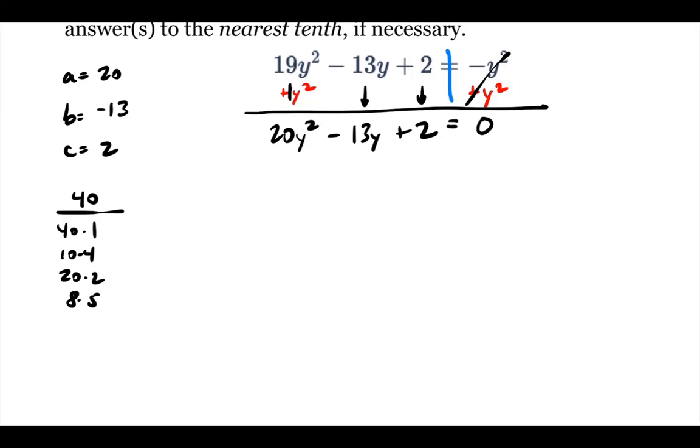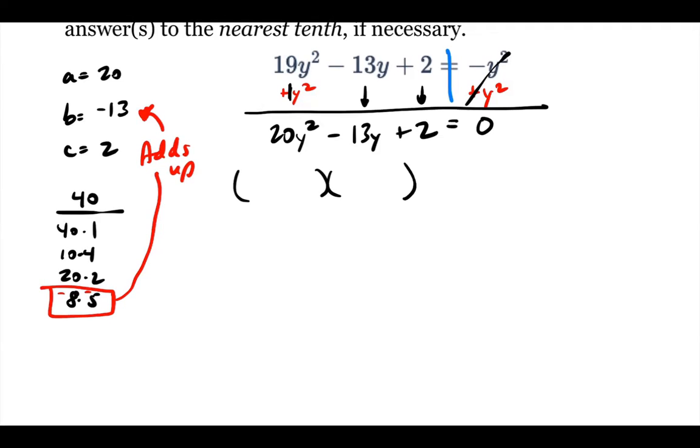So none of those, when I add them up, equal negative 13. But is there one that's close? There you go. Yeah, a negative and a negative. If I do that, then it adds up to negative 13. Bring it back over here now.